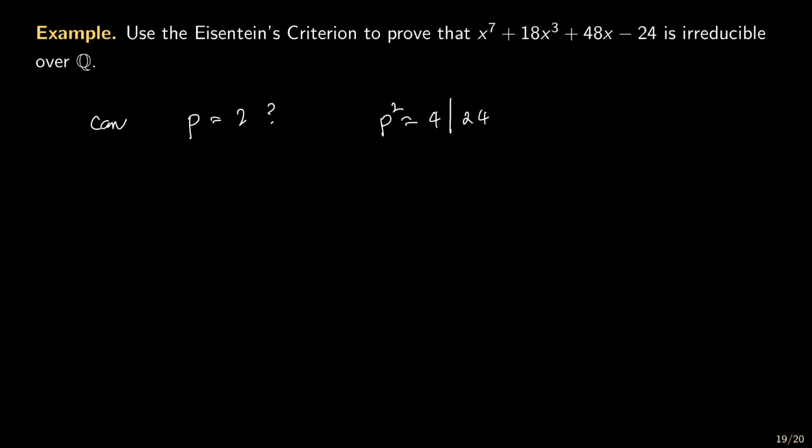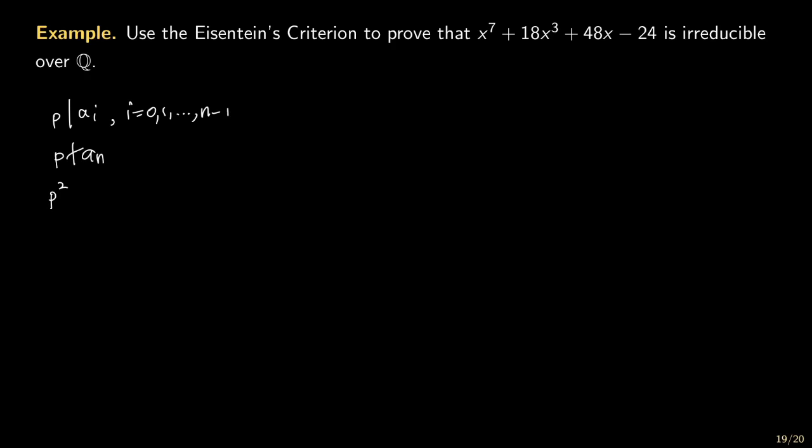It's not a good choice for P. Remember Eisenstein: P divides ai for i from 0 to n minus 1, P must not divide an, and P squared must not divide a0. The constant term must not be divisible by P squared.